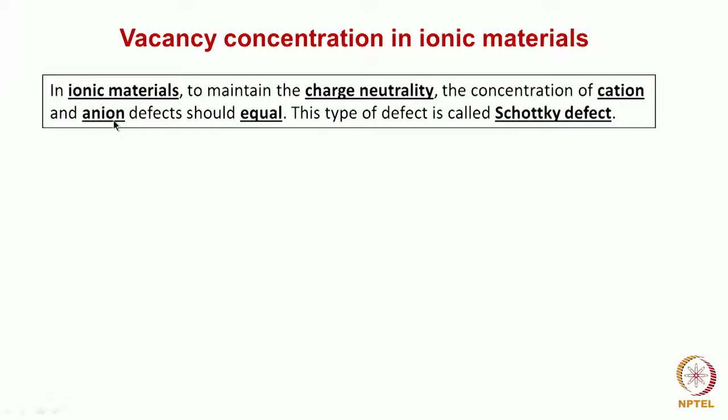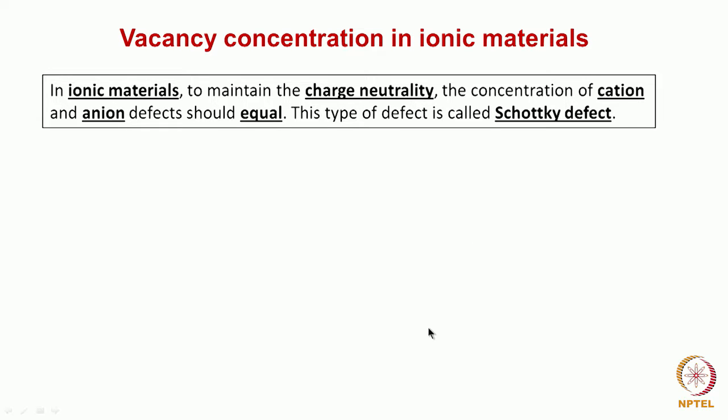So far what we talked about is vacancy concentration in essentially metals. Suppose we consider vacancy concentration in ionic materials. The resistivity or conductivity in an ionic material does not depend upon the electron concentration; it depends upon the charge carriers, which are the ions that have to move.